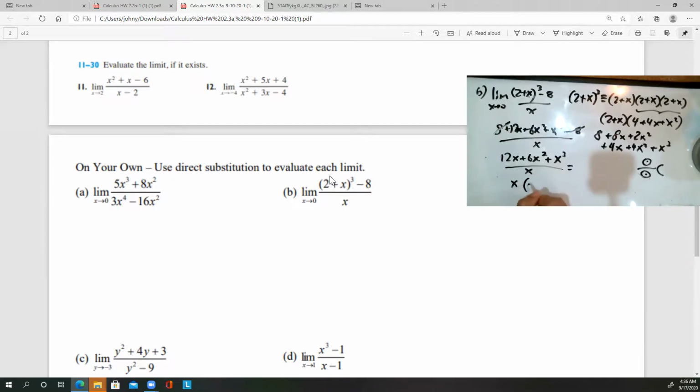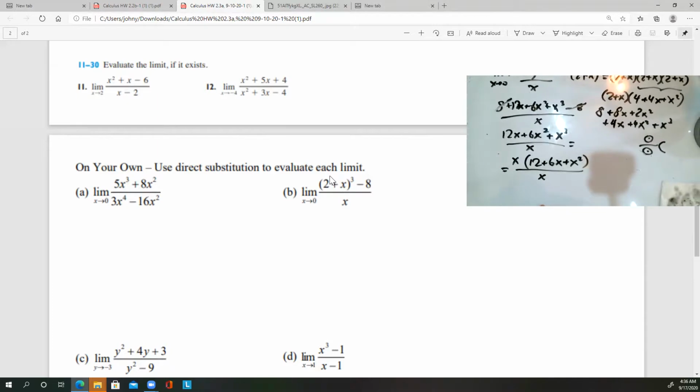Factor out an x, you end up with 12 plus 6x plus x squared all over x, right? If you're not sure, just distribute that: 12x plus 6x squared plus x cubed. Make sure you distribute and factor back and forth so that you know what's going on. The x's will cancel. Those factors will cancel.